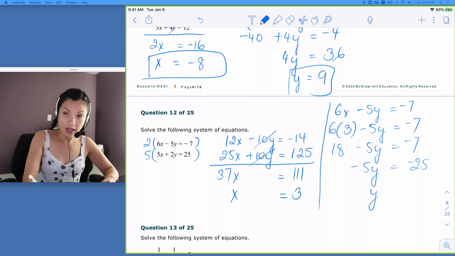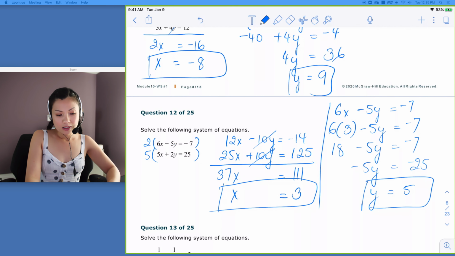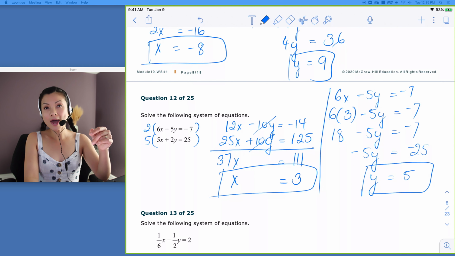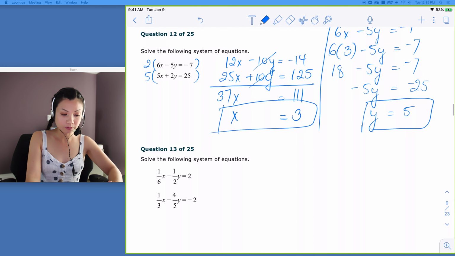So y has to be 5. Okay. Sometimes people go back to the original and create the opposite for x this time. So we eliminate x and then we solve for y, just like how we solve for x from the beginning. It's really up to you.